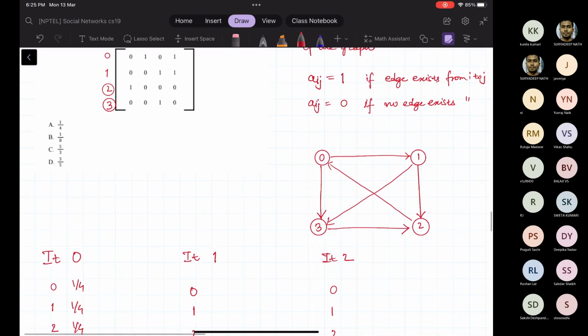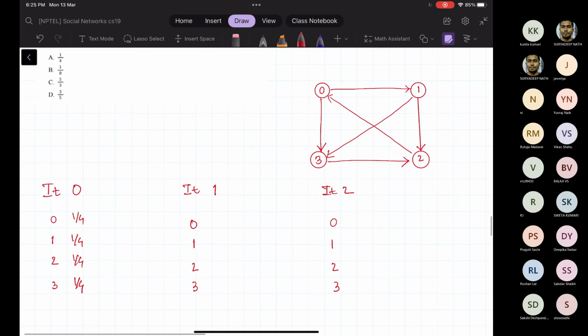In iteration 1, node 0 distributes its page rank to node 3 and node 1, but it gets back from node 2. So node 2 had 1/4.